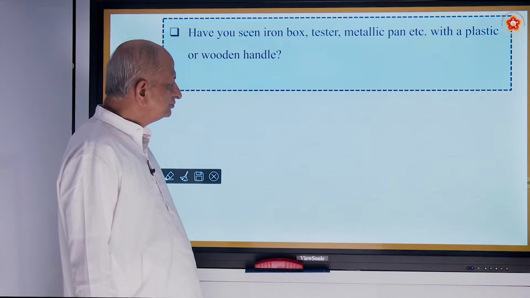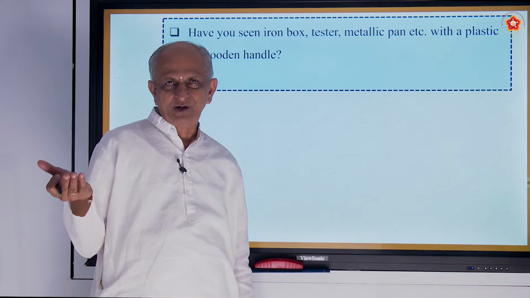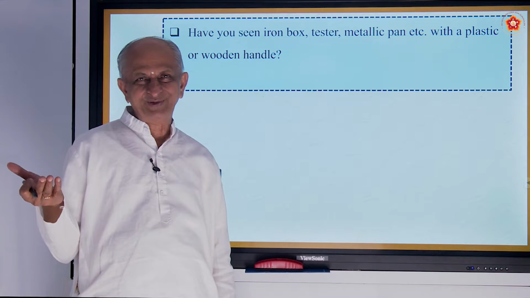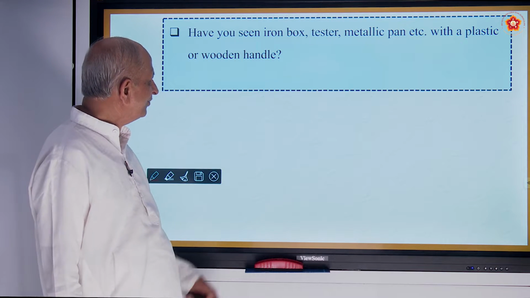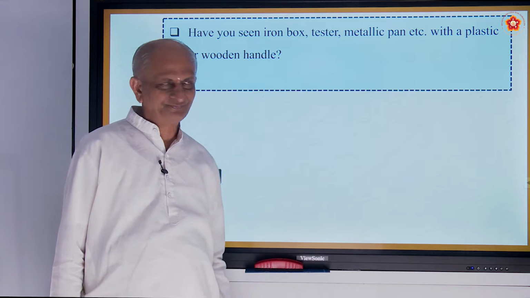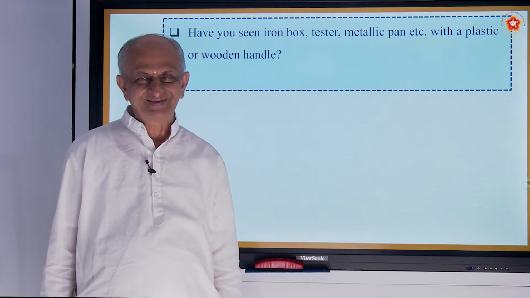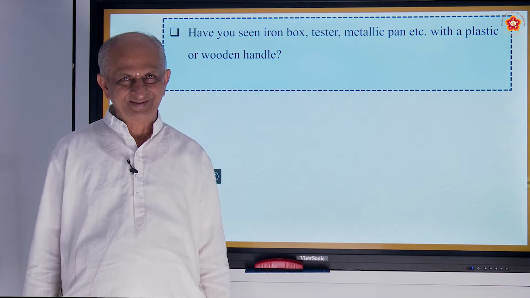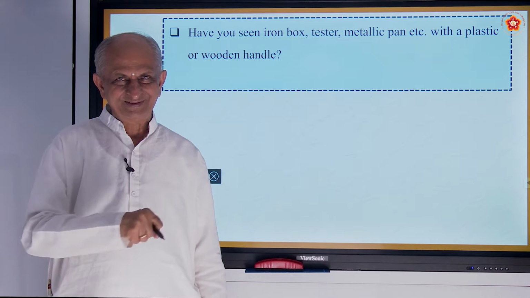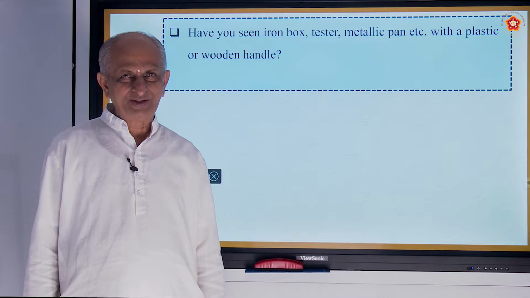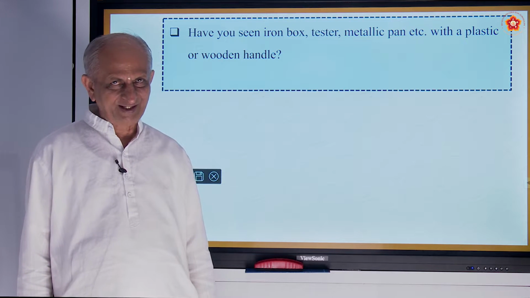Now, all of you have seen in your house, and some of you know it very well, that iron box. How many know ironing of clothes? Some of you may know. For ironing of clothes, you get what is called an iron box, correct?